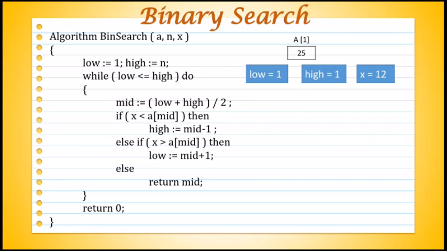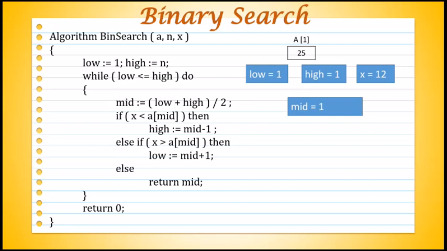So low plus high divided by 2 will be initialized to mid. The low value is 1 and the high value is 1. So 1 plus 1 is 2, and 2 divided by 2 means 1 will be stored in the mid variable.